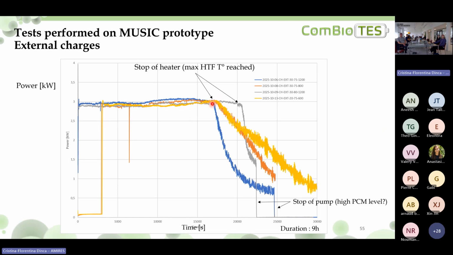You can see the max temperature reached, so the heater stops at one point. For the blue, orange, and yellow curves, we had a limit of 75 degrees, and for the green one, we had a limit of 80 degrees. If the limit is 80 degrees, the duration of the charge is larger, which seems reasonable.